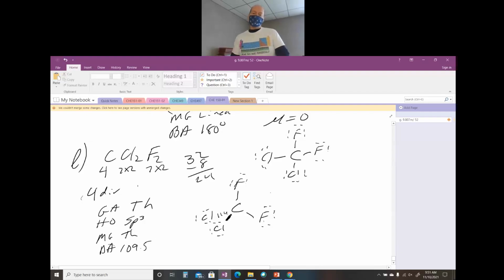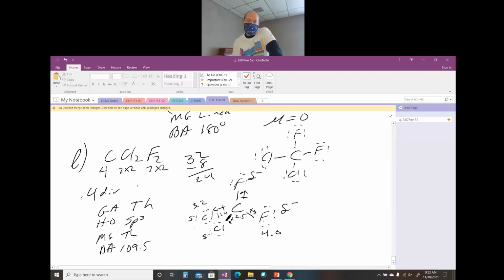All right, so now we have to do our bond dipoles. This is where it gets interesting, because your fluorines are more electronegative than carbon, and your chlorines are more electronegative than carbon. Chlorine is 3.2, carbon is 2.5, fluorine is 4.0. So the fluorine is delta minus, and the chlorines are delta minus.